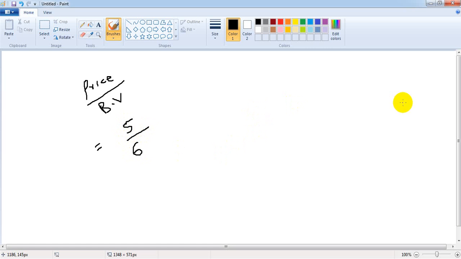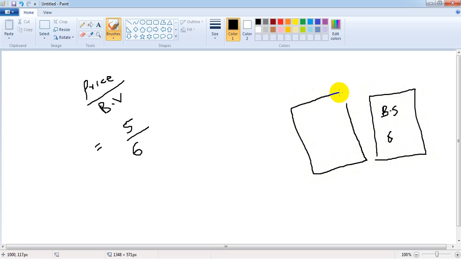So it is telling that the value in the balance sheet, the value in the books, it is 6, and in the stock exchange, it is traded for $5, less than the book value.